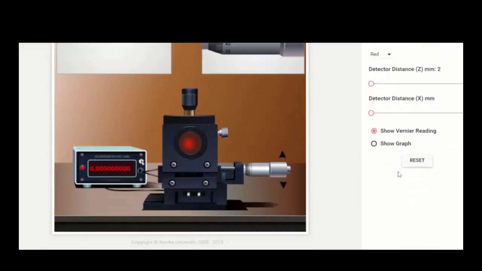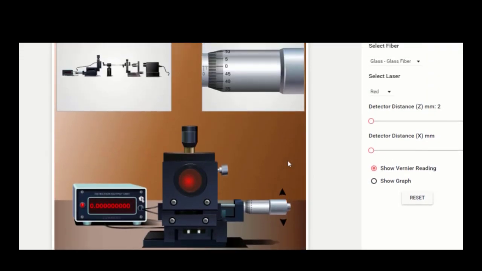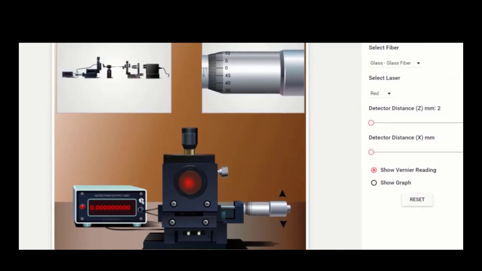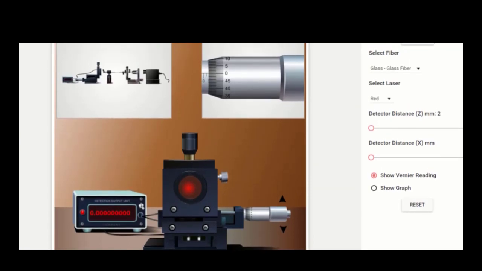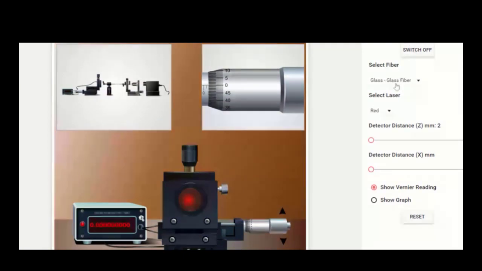So we need to move this detector to get some current, because light is on the detector but it is not giving current. We have to adjust these distances in a way that you get the current in this output unit. In this experiment, you also have the option to select the fiber.